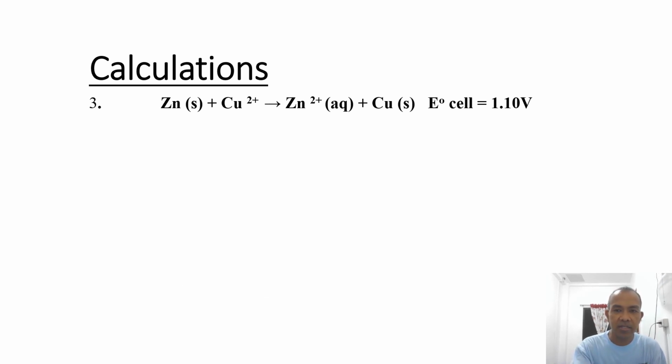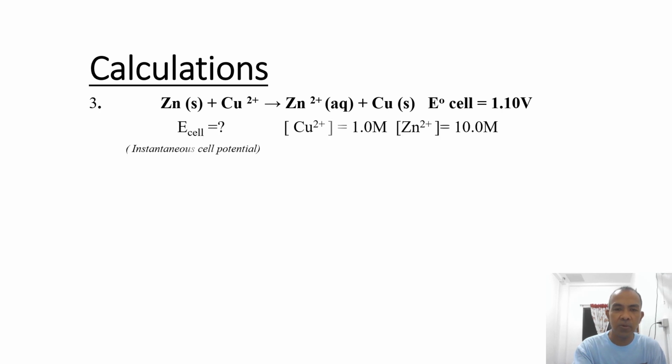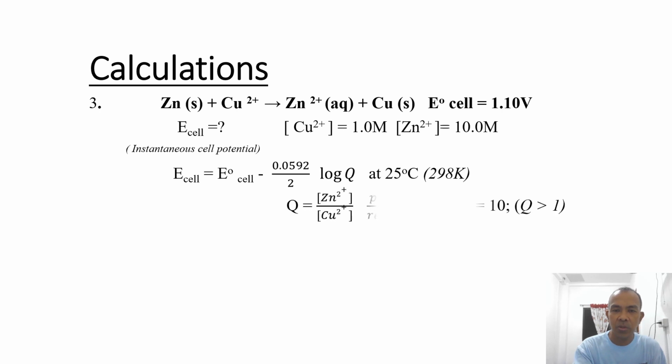Next example, the third example: same equation, same standard cell potential of 1.10 volts. We have a different concentration here. Copper has 1 molar, zinc has 10 molar. Applying the equation, again product over reactant, zinc 2 plus over copper 2 plus, we will have 10.